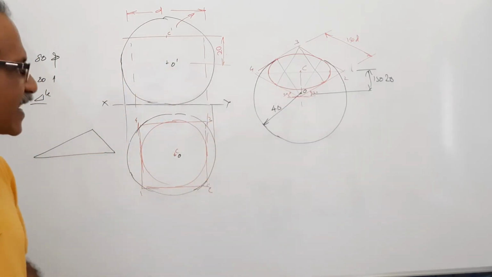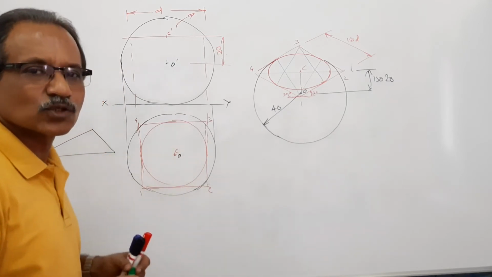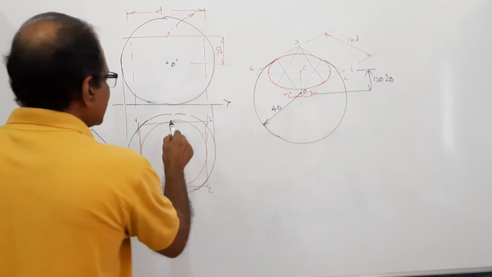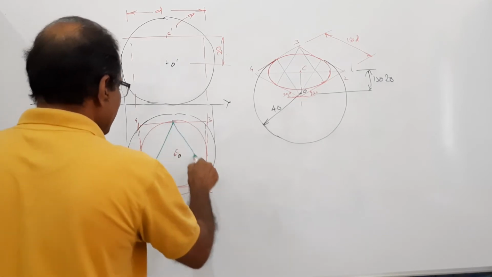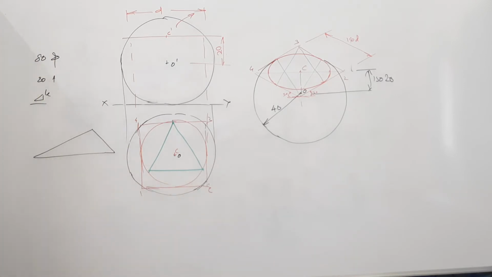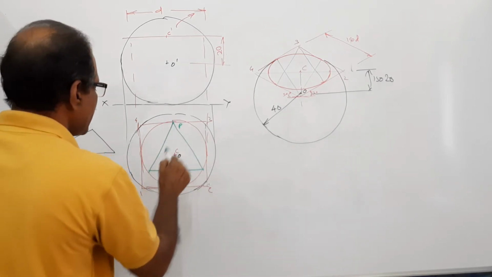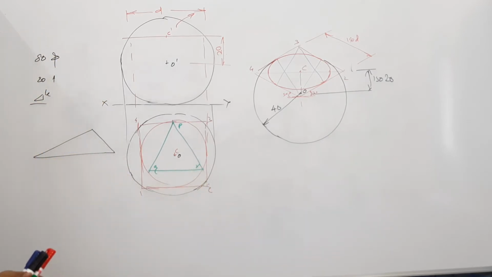Now, where is the triangle? The largest possible triangle is inscribed in this circular face. Get the center of this side, measure 60 degrees, draw a line, measure 60 degrees, draw a line, connect them. This is the largest possible equilateral triangle. I call this P, Q, R. Where is P?